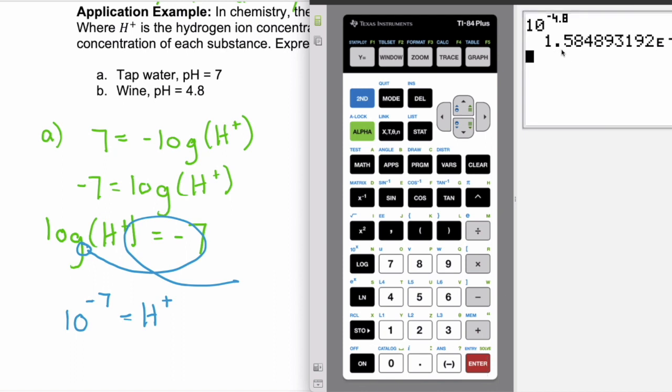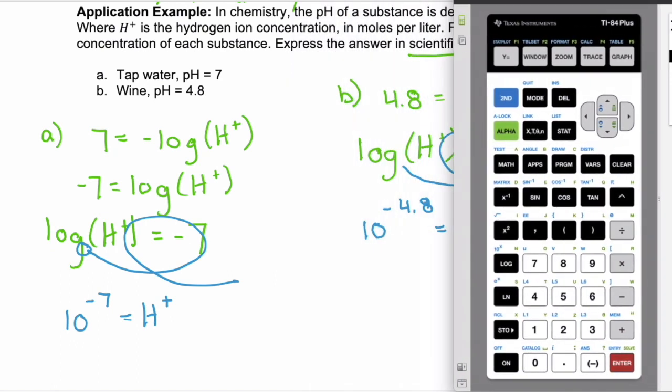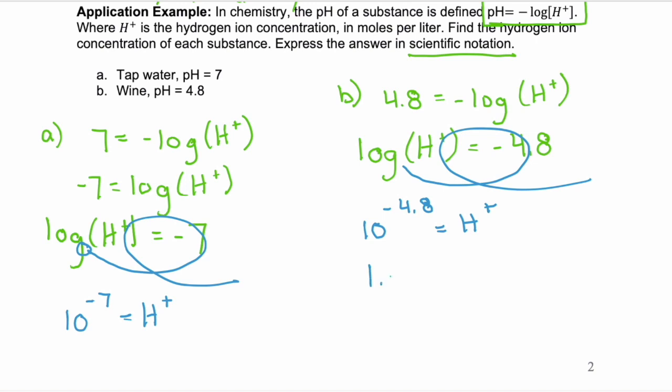And notice this is 1.58 times 10 to the -5. So it's 1.58 times 10 to the -5.